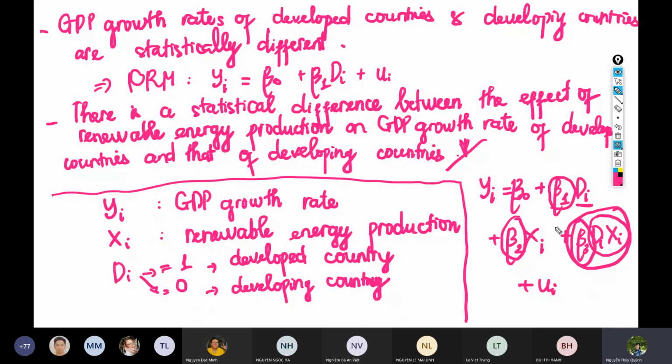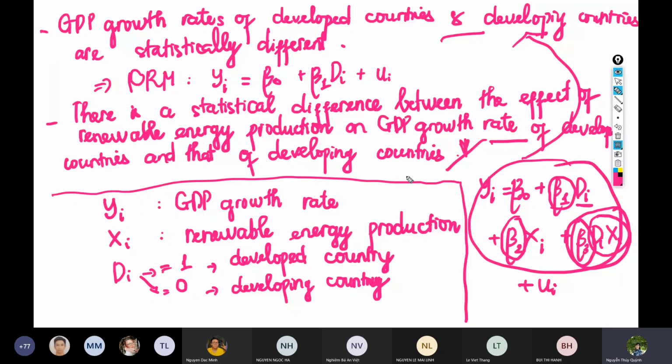This model can also help us to test for this hypothesis, because we still have the effect of type of countries on GDP growth rate here. It can help us to test this hypothesis and also this hypothesis. All right, so that is model specification.